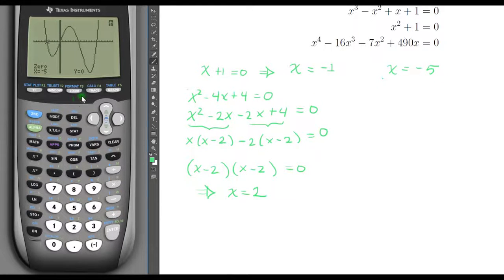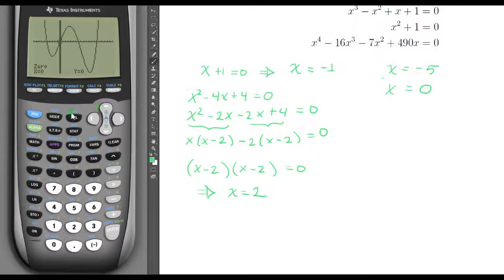Okay. So again, second calc, press 2. So press enter, enter. And that one was easy, x equals 0.